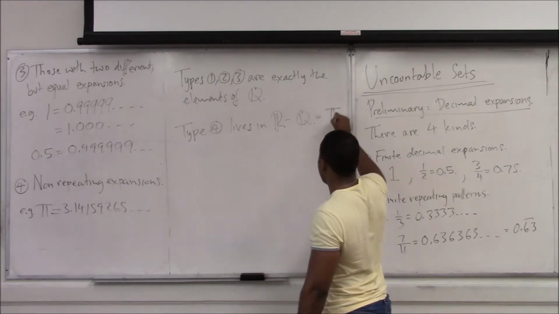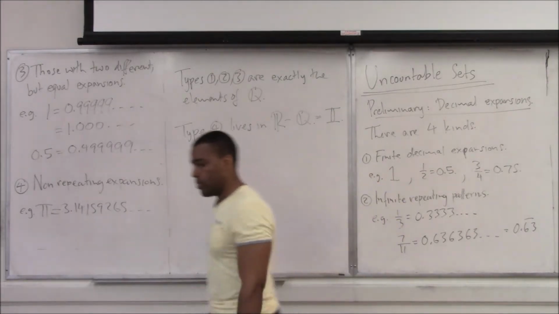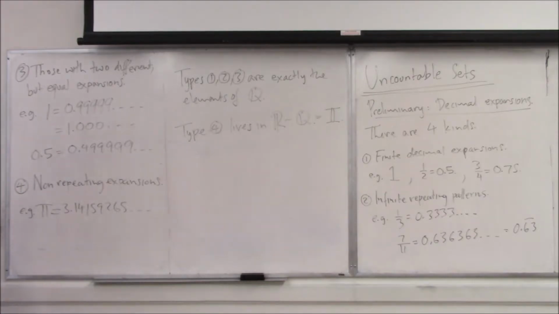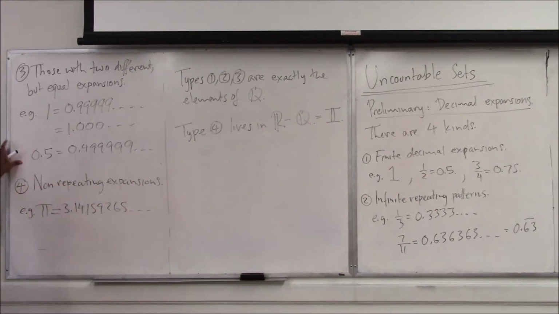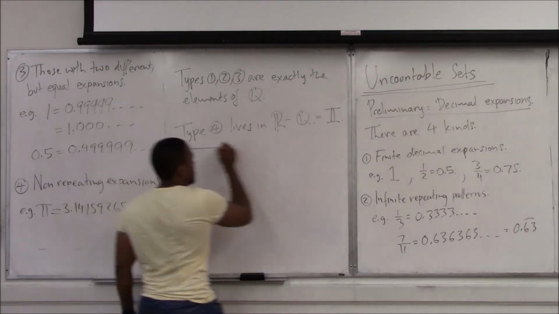I might write this as I, even though that's not official. So these are the elements of Q, all these possible kinds of decimal expansions up to the first three, which means there are a countable number of them, right? So I can actually write down a list of all such decimal expansions such that I don't miss anyone. And essentially that would be me writing down Q. The fourth kind though, the non-repeating ones, those are a different animal altogether. So let's actually talk about that.